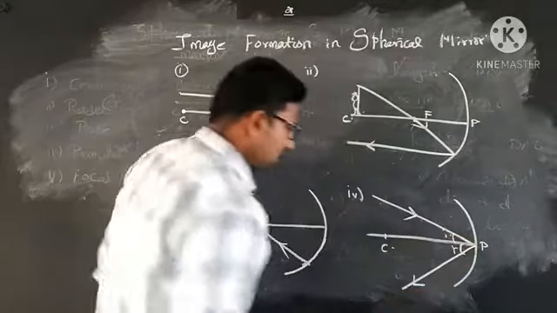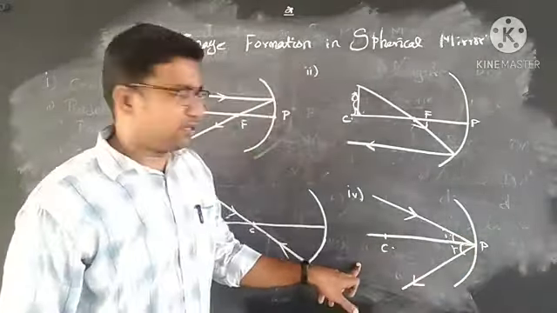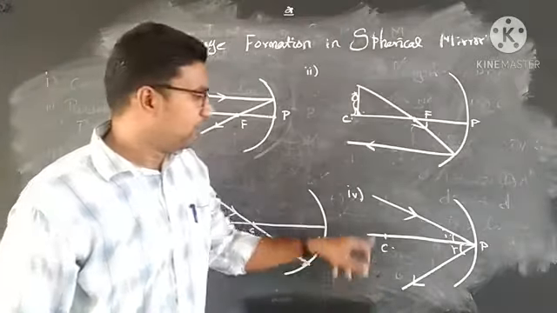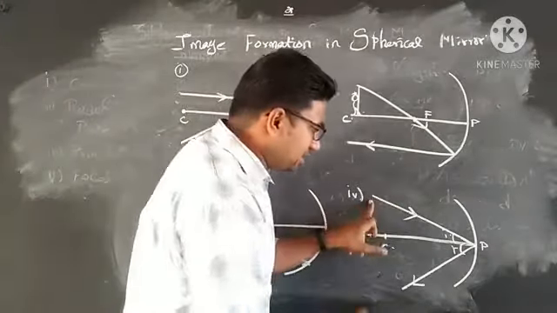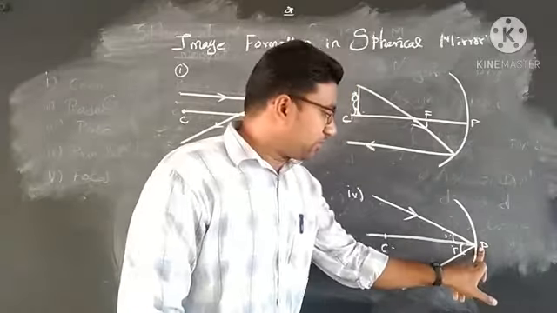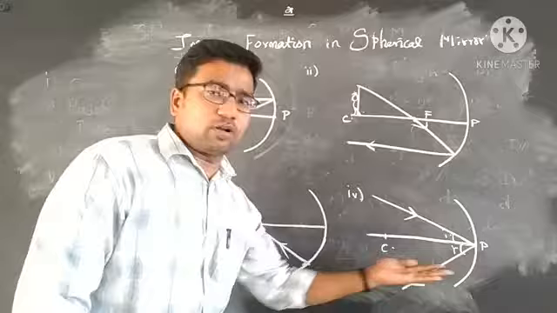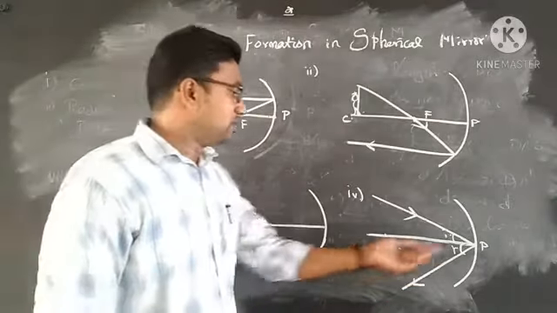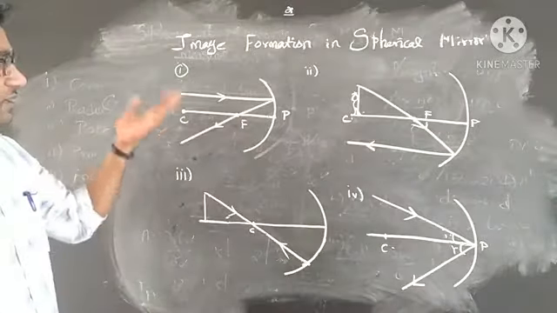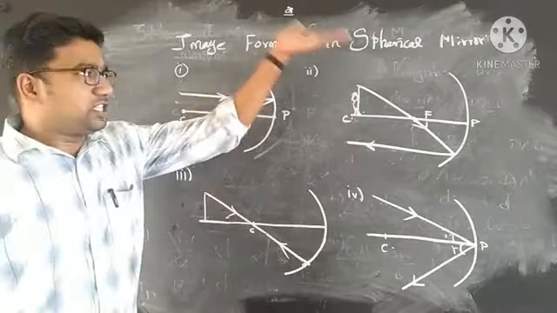In this case, the principal axis acts as the normal. The incident ray strikes the point P and is reflected below the principal axis. These are all the factors of image formation in spherical mirrors.